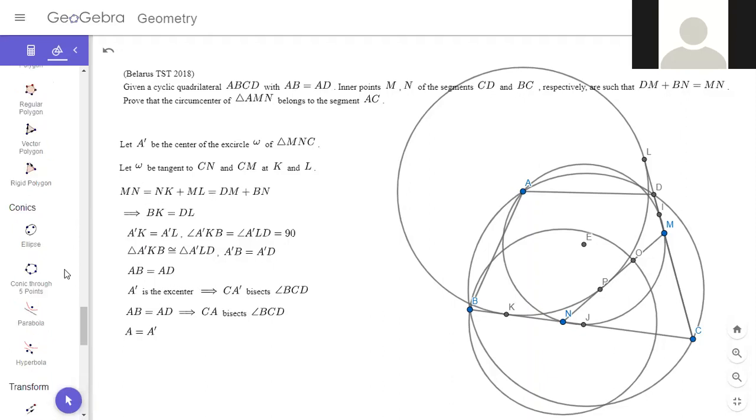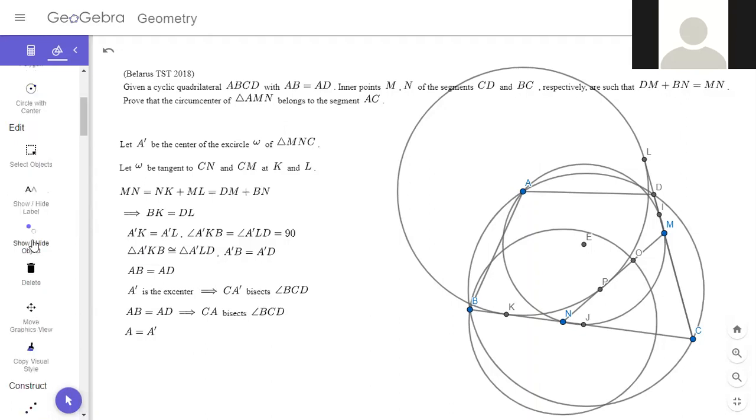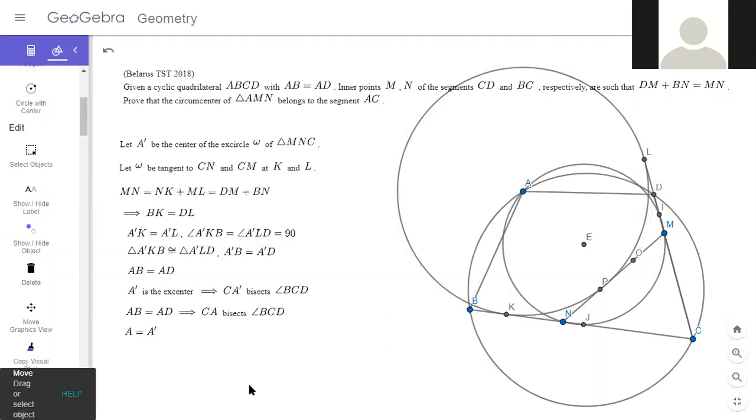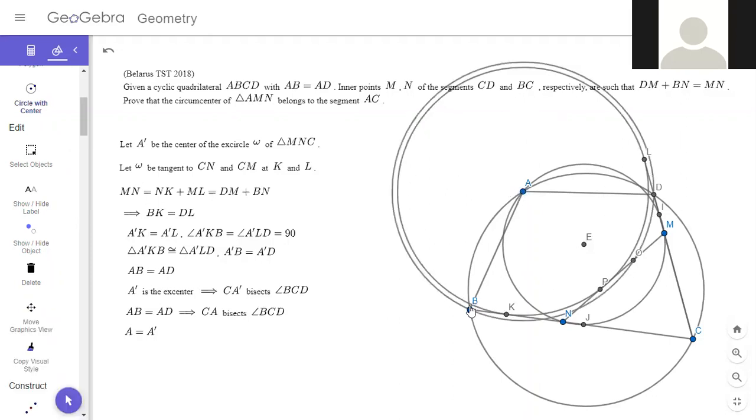What was I saying earlier? My memory is so bad. So we have AB is equal to AO is equal to AD, right? Yeah.